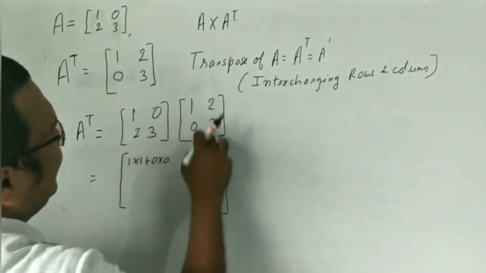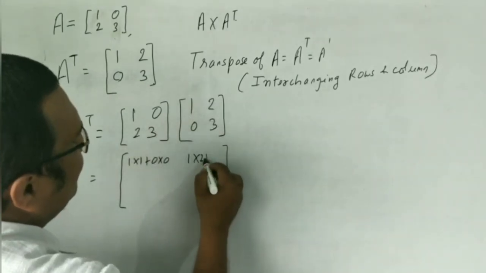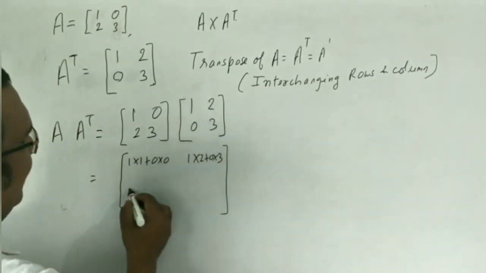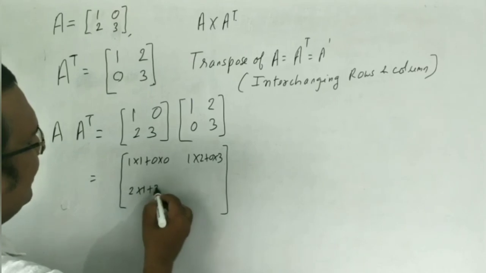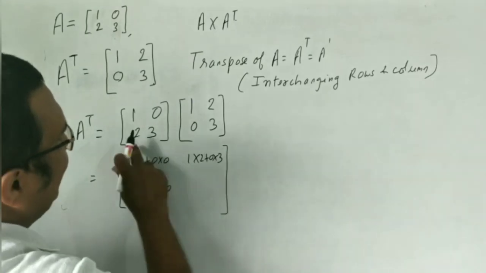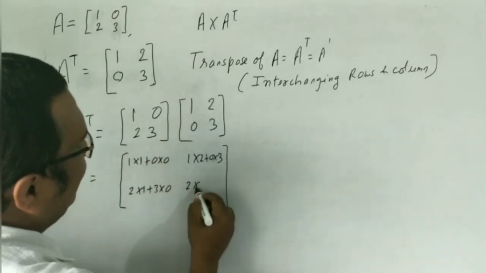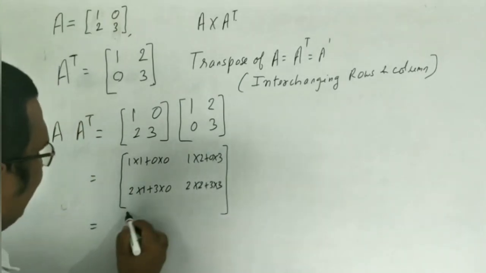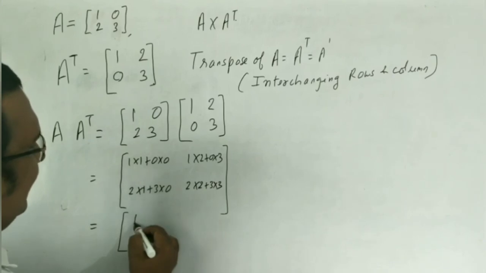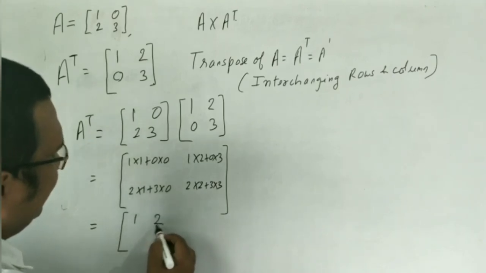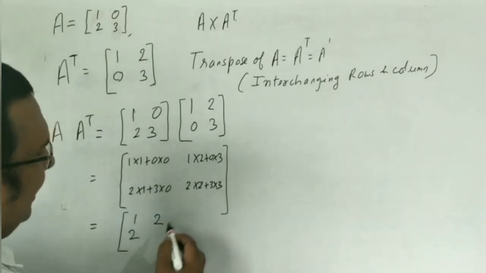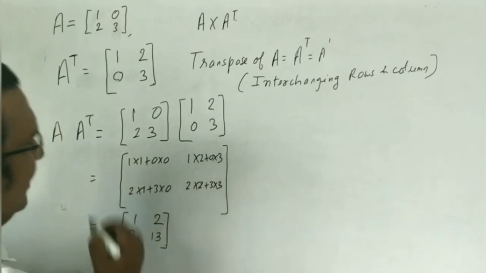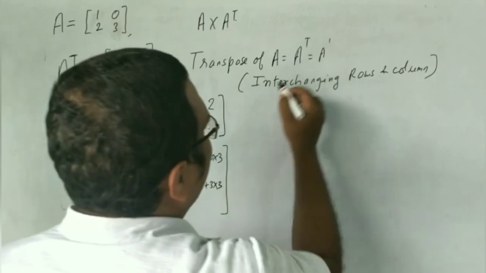First row and second column, 1 into 2 plus 0 into 3. Second row and first column, 2 into 1 plus 3 into 0. And second row and second column, 2 into 2 plus 3 into 3. This is 1, this is 2, this is 2, and this is 4 plus 9, 13. This specific question I have done to know what is transpose.